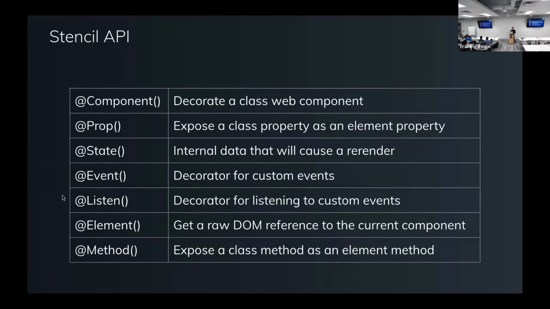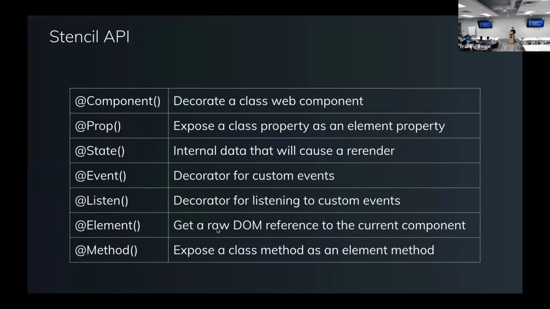On parent components, you can add the listen decorator to listen for any of those events, and you can also tie into them just within the JSX as well, like on button click or something like that. Element will give you a raw DOM reference to the element.